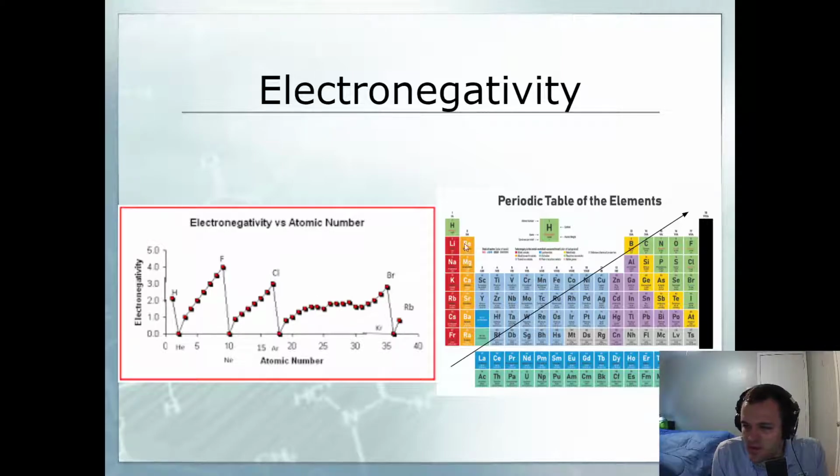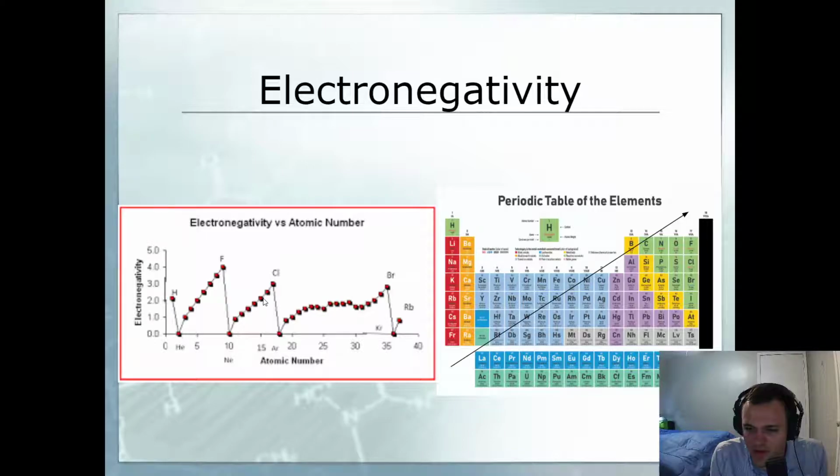Then in our next row, as we go across, we slowly go up, all the way until we get to fluorine, which has the highest electronegativity of any element because, like we said, it has 7 valence electrons and just wants 1 more, and that outer ring it's trying to fill is very close to the nucleus. Then we go to neon, and it's straight back down to 0. The next row is the same story.